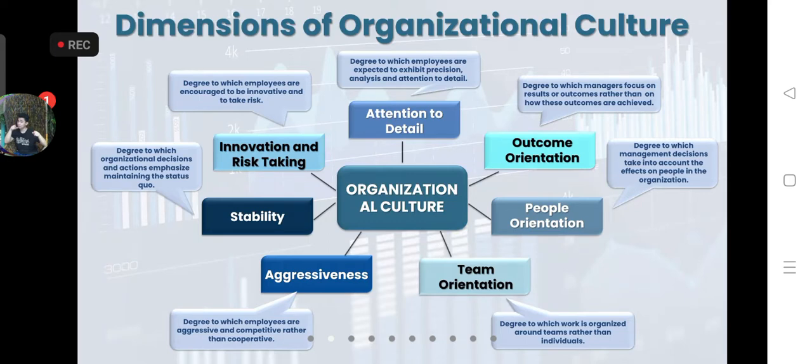Describing an organization using these 7 dimensions gives a composite picture of the organization's culture. In many organizations, as we can research or experience, one cultural dimension is often emphasized more than the others and essentially shapes the organization's personality and how members are expected to work. Next slide, please.